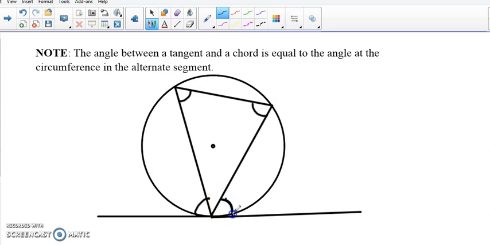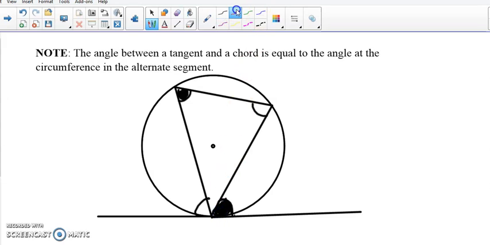Okay, now look at this angle here. This is the angle between a tangent and a chord. So this angle between the tangent and the chord is equal to the angle at the circumference of the alternate segment. So this angle here is equal to this angle here.